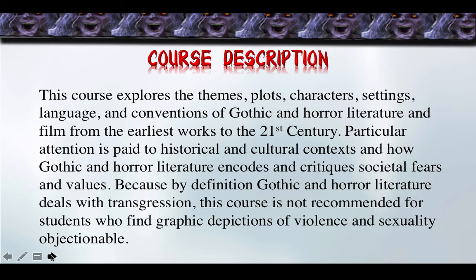So I want to talk specifically about a description for this course. It explores the themes, plots, character settings, language, and conventions of Gothic and horror literature and film, from the very earliest works to the 21st century.